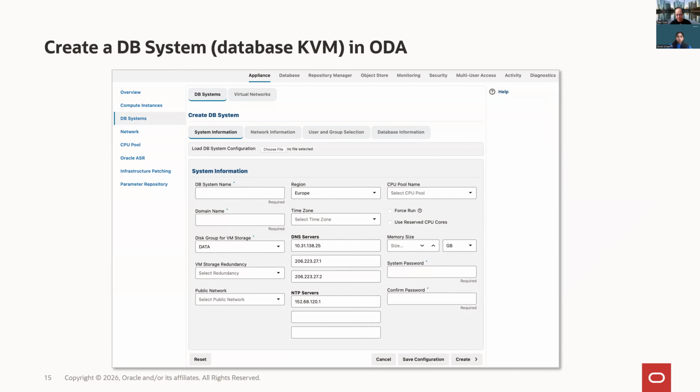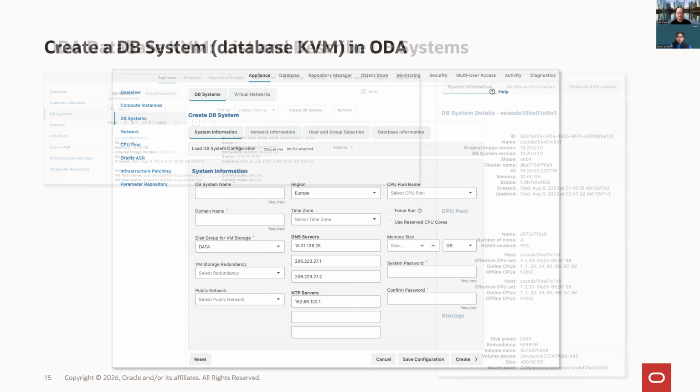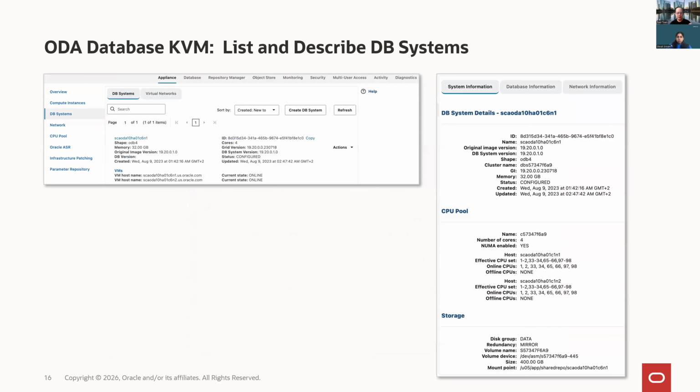You will need to have the set of IP addresses, so that you can access it later. Once it's created, and you'll see that in the demo, you have the DB system information. Then you can go into an individual database VM and look at all the details. In today's case, we're going to create the 26 AI database VM with the 26 AI database in it.